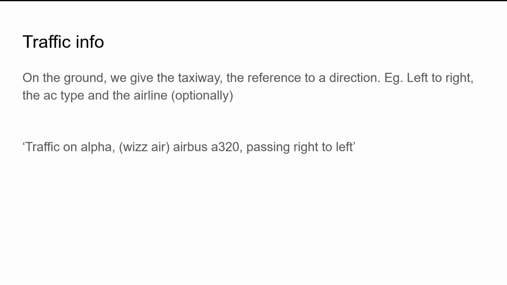This is how we also give conditional clearances when we have traffic that moves right to left. For example, we can give an aircraft taxi or pushback, but we can tell them behind the traffic passing right to left.